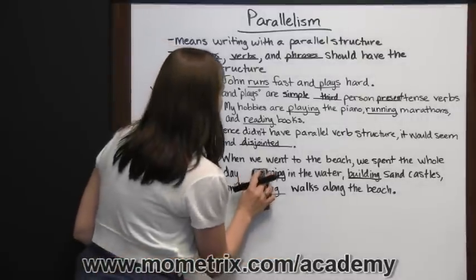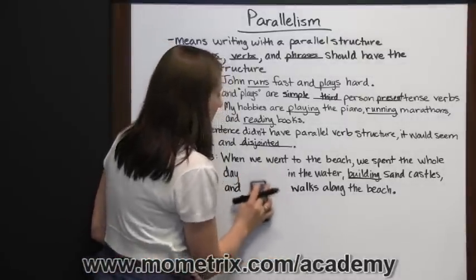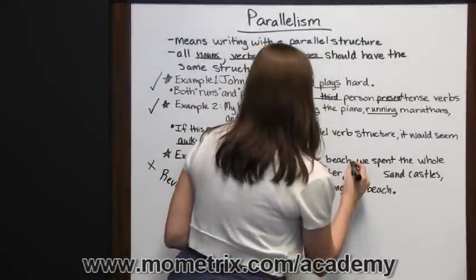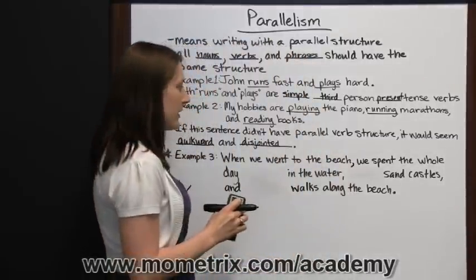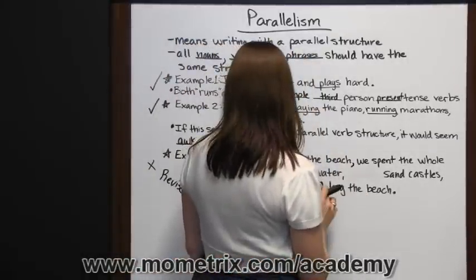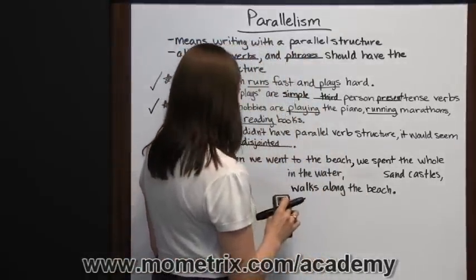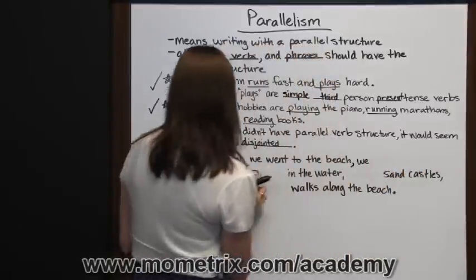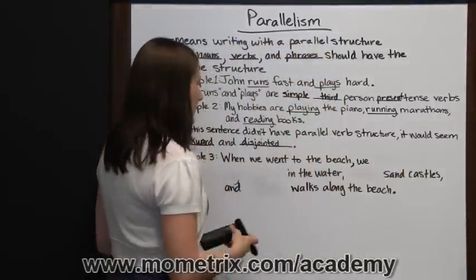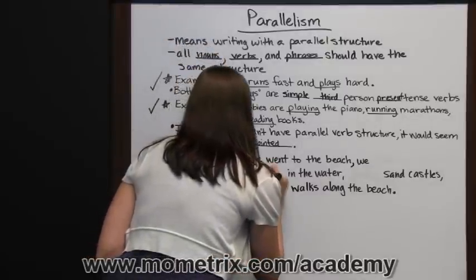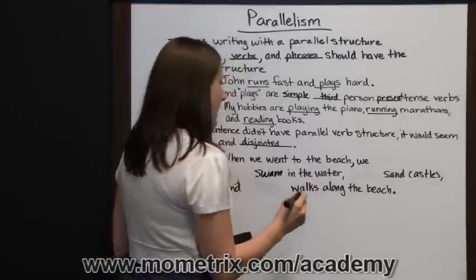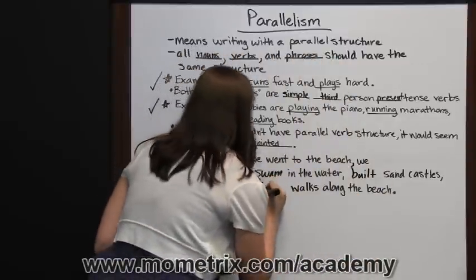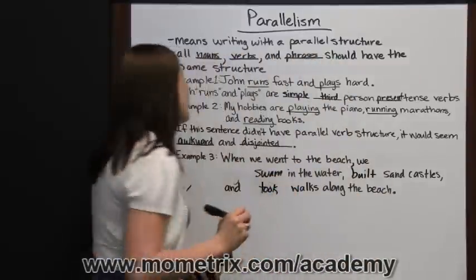So if we took them all out and we came up with a different way, we could say, when we went to the beach, we swam in the water, built sandcastles, and took walks along the beach.